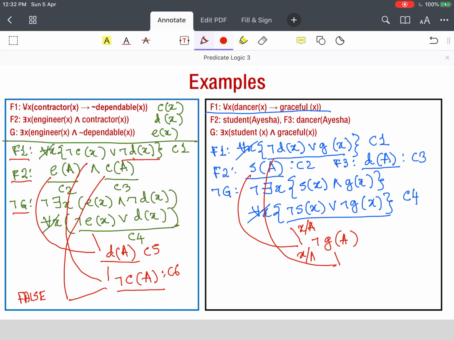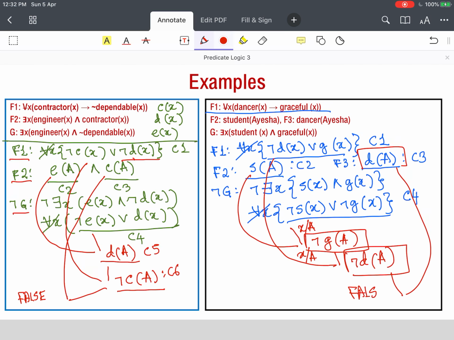With this one, we apply this result with C1, and here again we replace x by a, we get not of dA. And this one with C3, which is already dA, we get false.